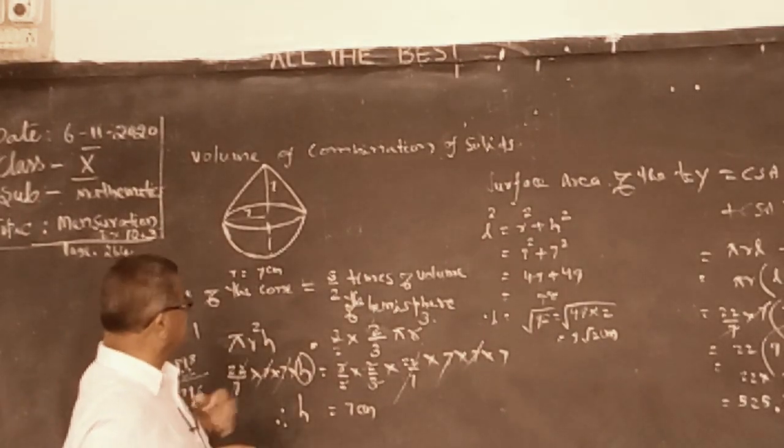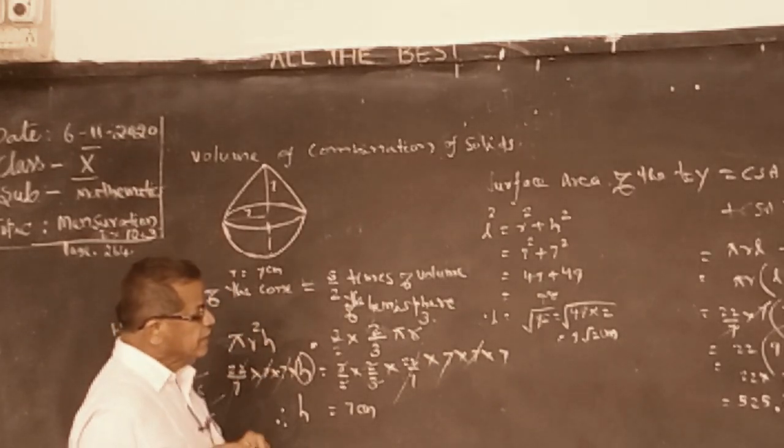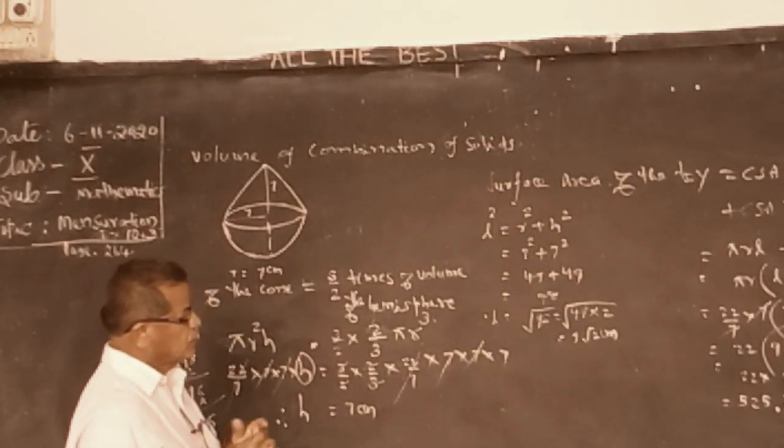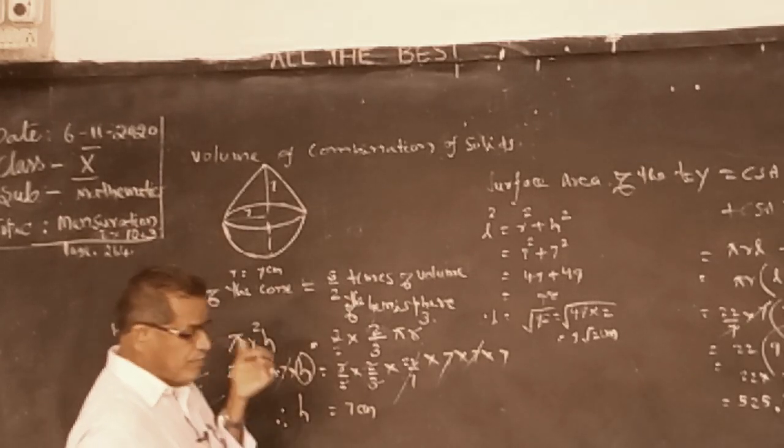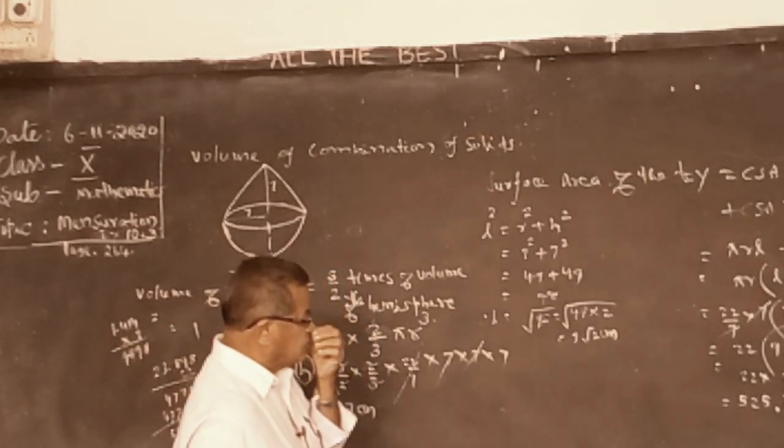R is given 7, the value of l is 7 root 2, plus 14 to 2r. Taking r common, 2r remains. 2r is 14.